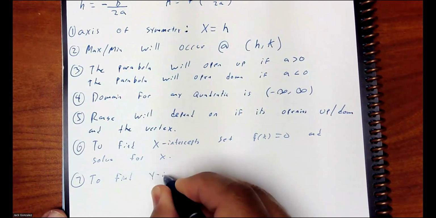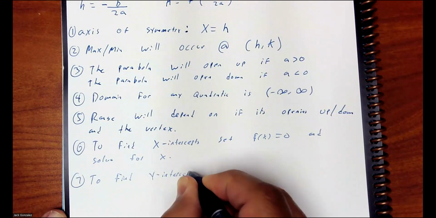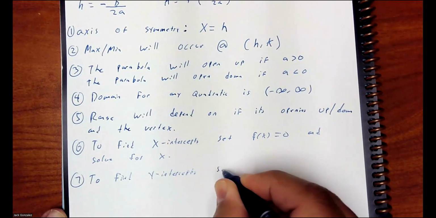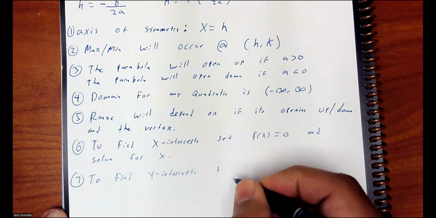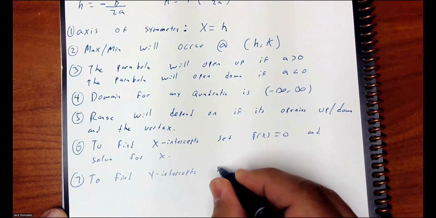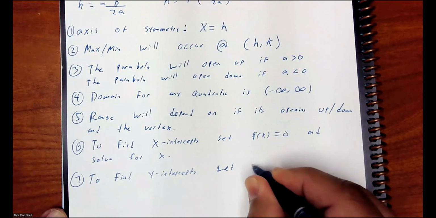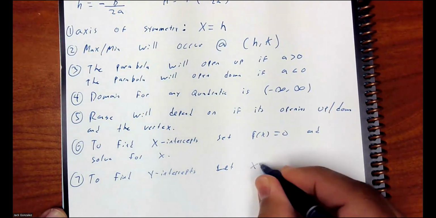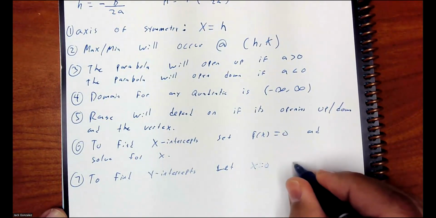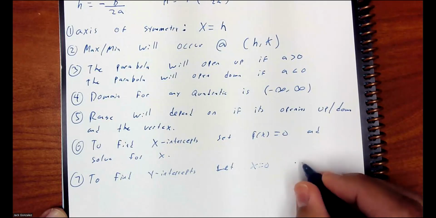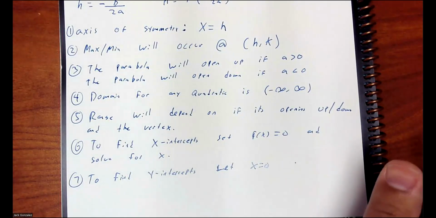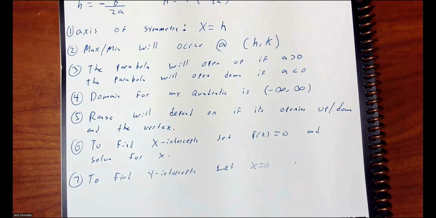To find y-intercepts, let x be 0. And that's it. Just plug in 0. I think that's all I really need to know.